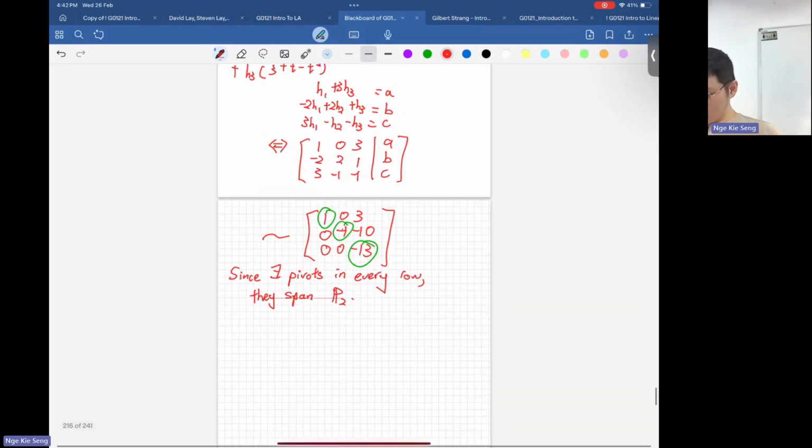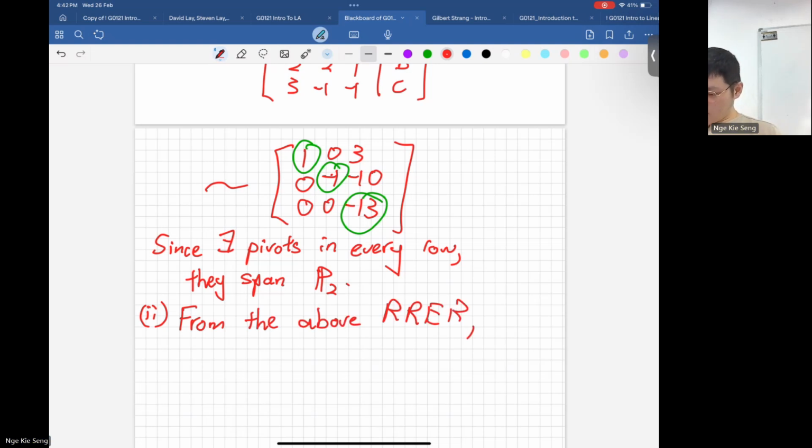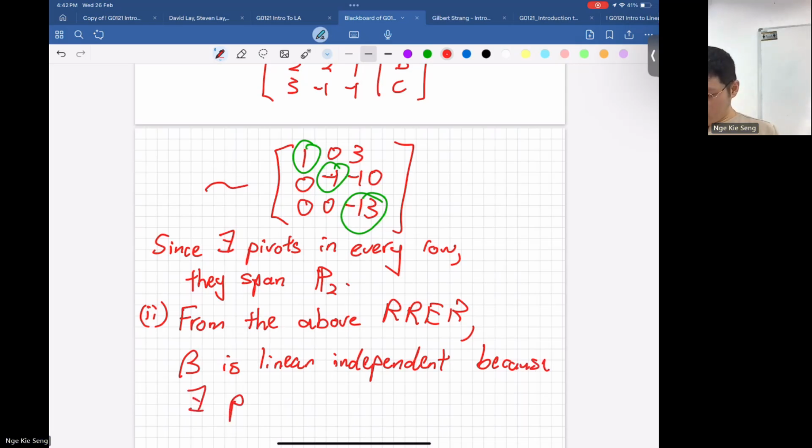And then the second part, from the above REF, beta is linearly independent because there are pivots in every column.